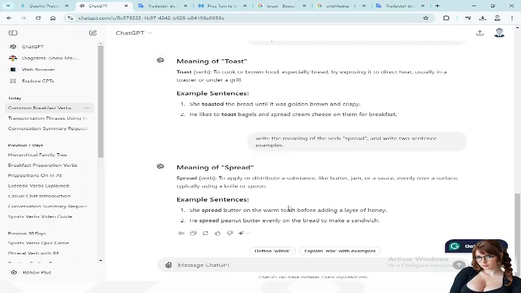Having got the information from ChatGPT: she spread butter on the warm toast, adding a layer of honey. The word is spread.